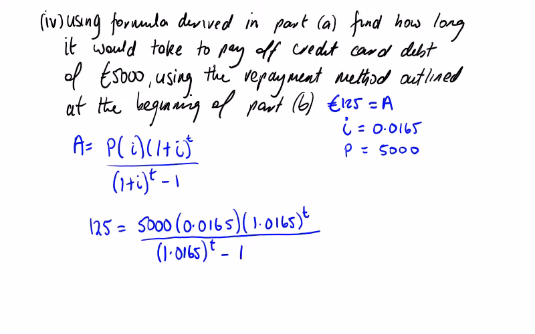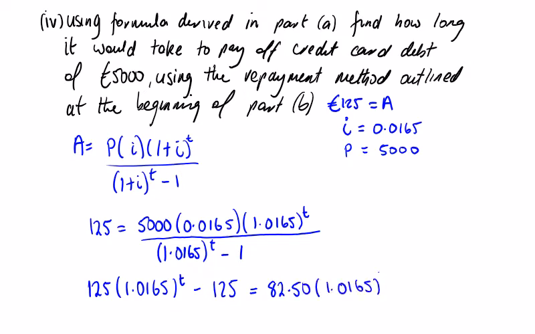So we do one thing at a time. I can multiply the bottom by 125 or cross multiply, so we're going to get 125 by 1.0165 to the power T minus 125. That's equal to 5,000 by 0.0165, which is 8250 from above, by 1.0165 to the power of t.